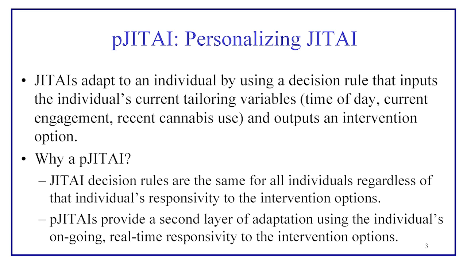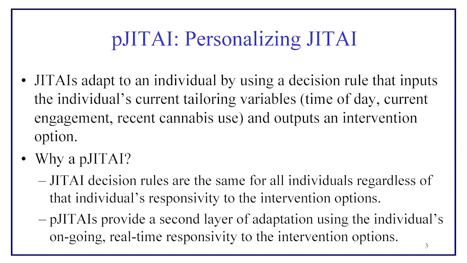Now, I'm going to be talking about personalizing JITAIs. The key thing to understand is when you implement a digital intervention that operates according to decision rules, i.e., the person's at high risk, send a message, for example, these decision rules are the same for everyone.